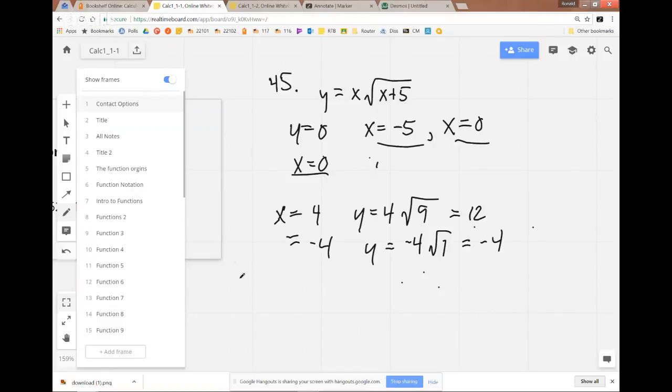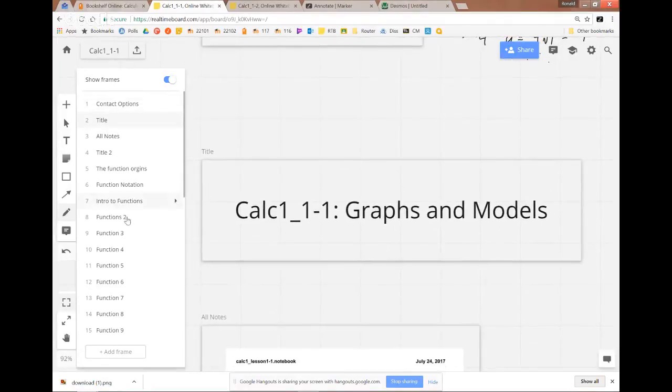Other questions that you would have? Okay, well, you can bring up questions anytime you want to. And remember, you can use the chat window, and you can open that up by going to the top left.